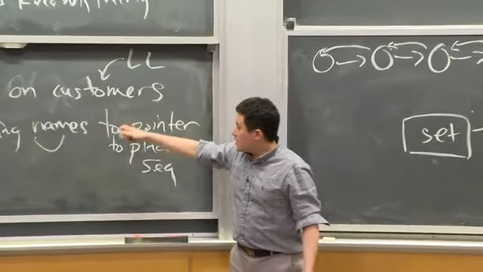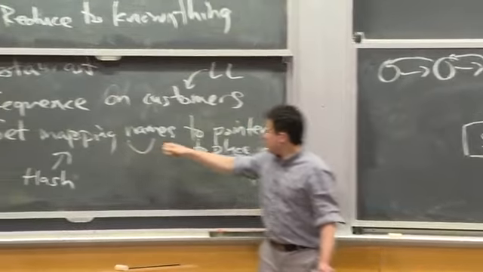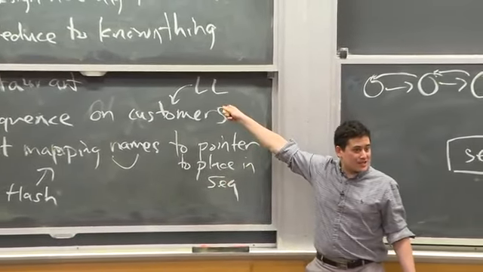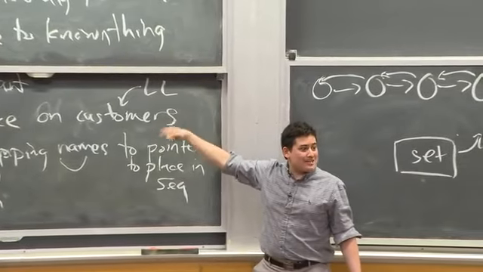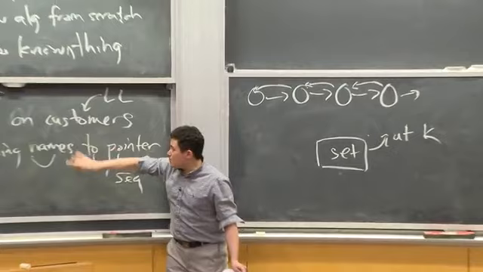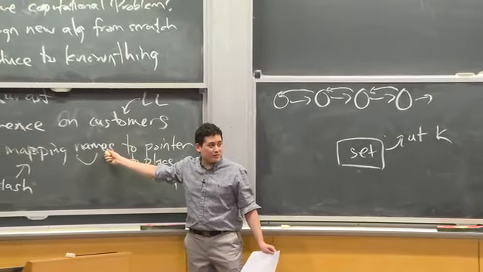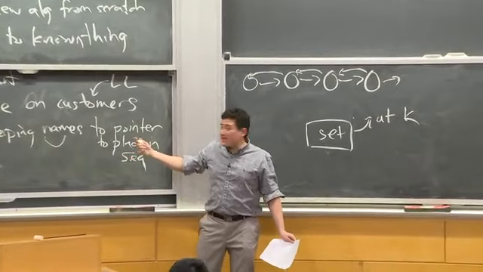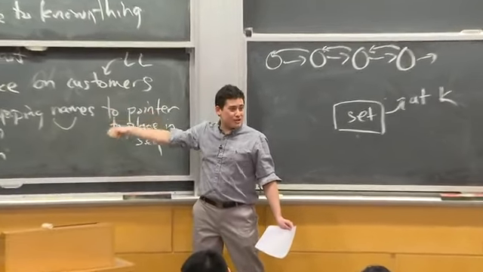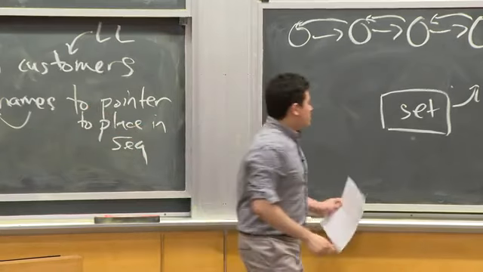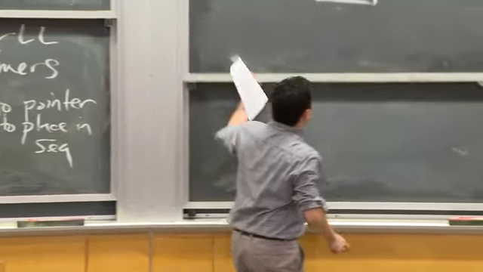And then here, set mapping names to pointers, the place in this thing, right? And as I remove things, I need to make sure that invariant stays the same. It's still mapping all the names of customers that I have in my thing to their nodes, okay? So when something leaves, I better make sure that both of these things are updated. Does that make sense?